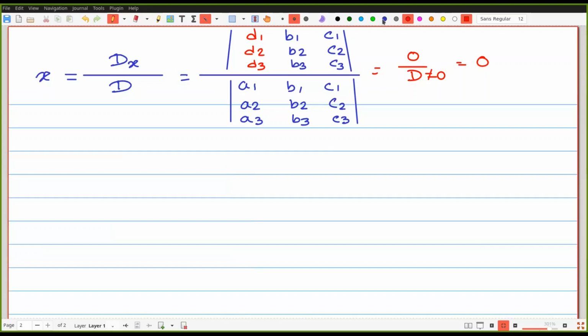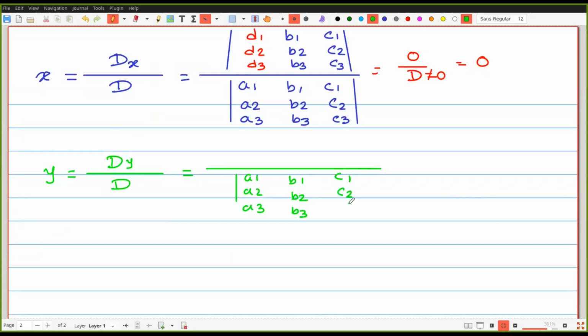Then y. What is y? Now, y is equal to dy upon d. So that means the same a1, a2, a3, b1, b2, b3, c1, c2, c3 not equal to 0. Once again mentioned. Now dy.